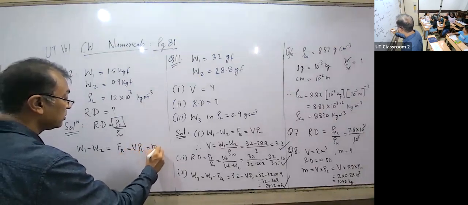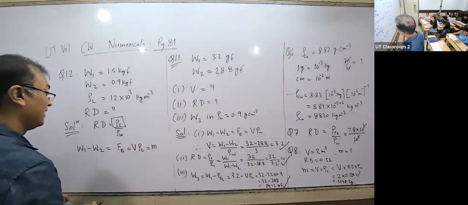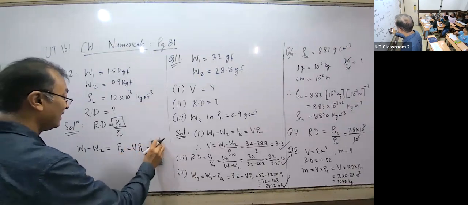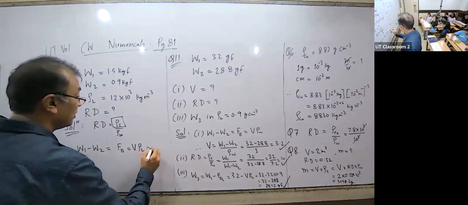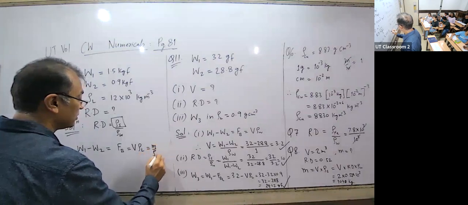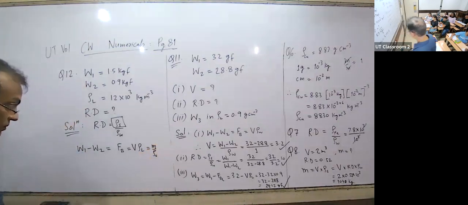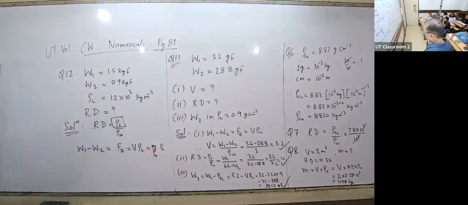Mass is volume into density. That's what I said. Volume multiplied by density. Volume का mass divided by density of substance. ठीक है? ये आ गया. And we have density of liquid. ठीक है? क्या निकालना है अपने को? Relative density of solid.